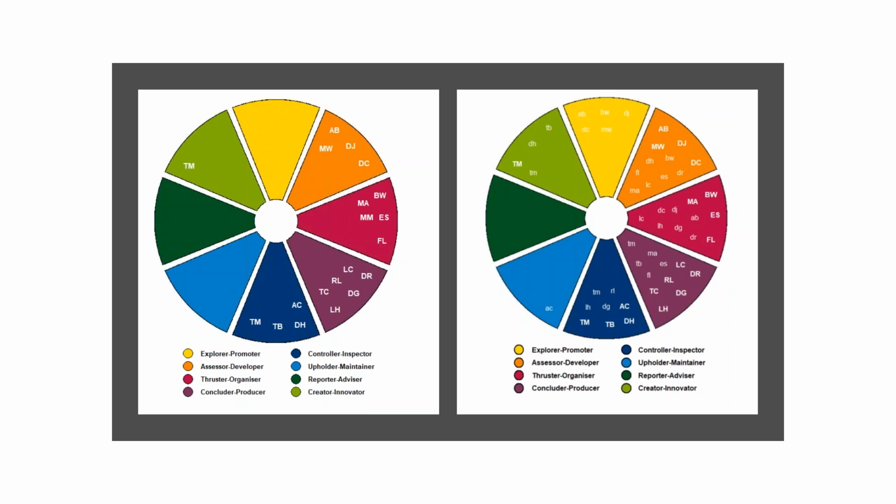So what you're seeing on the right is perhaps a truer reflection of what this team looks like, because we've got everyone's preferences around the wheel, and you'll notice that it's still very much dominated around the right-hand side. So we'd have to be very careful to make sure that that team wasn't launching into action too quickly, and it took its time to explore the possibilities and to promote what they're doing before it got too much into assessing and putting a plan into place, which is the orange and the red parts of the wheel.